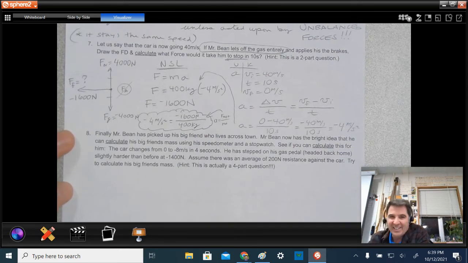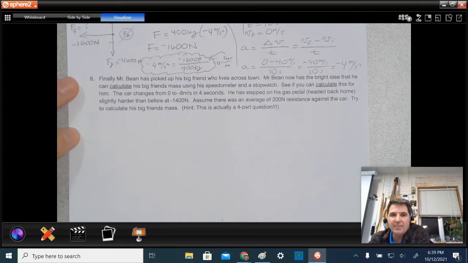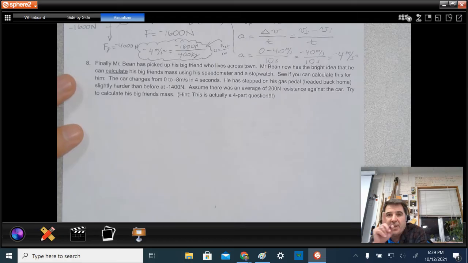All right. Finally, Mr. Bean has picked up his big friend who lives across town. Mr. Bean now has the bright idea that he can calculate his big friend's mass using his speedometer and a stopwatch. Mr. Bean is crazy into physics. See if you can calculate this for him. So the car changes from 0 to 8 meters per second in 4 seconds.